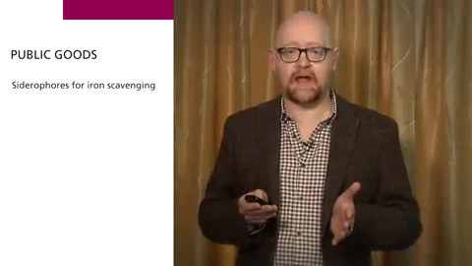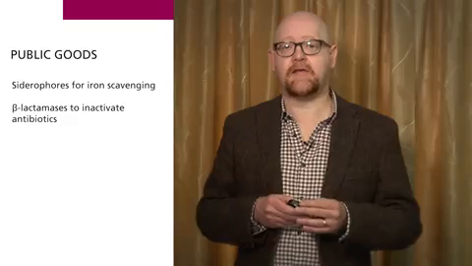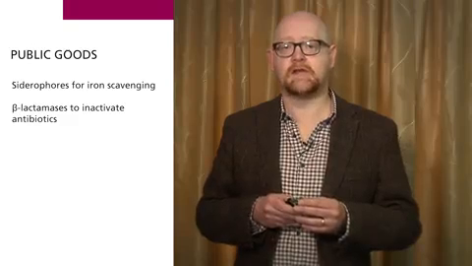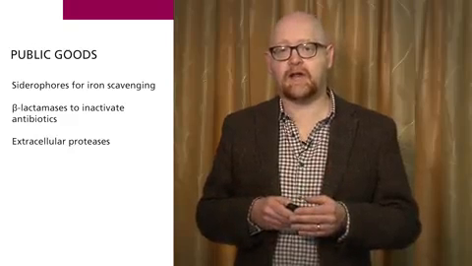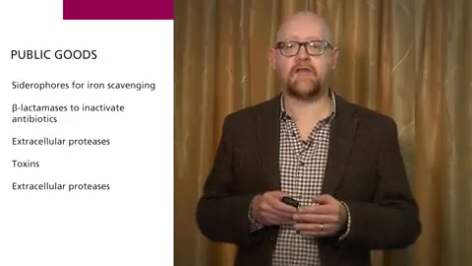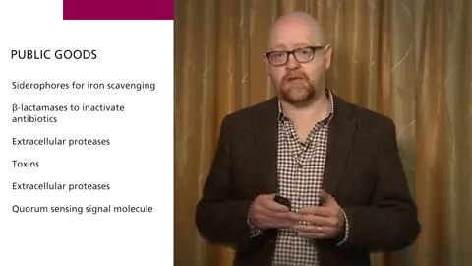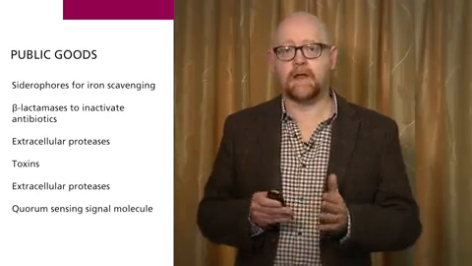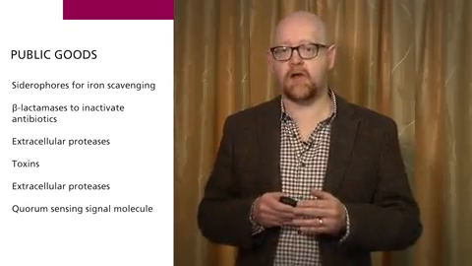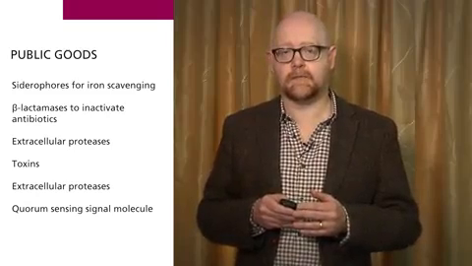Microbes make a wide variety of public goods, including siderophores for iron scavenging, beta-lactamases to inactivate antibiotics, exopolysaccharides, toxins, extracellular proteases and quorum-sensing signal molecules. I am sure that you will be able to think of lots of other examples.